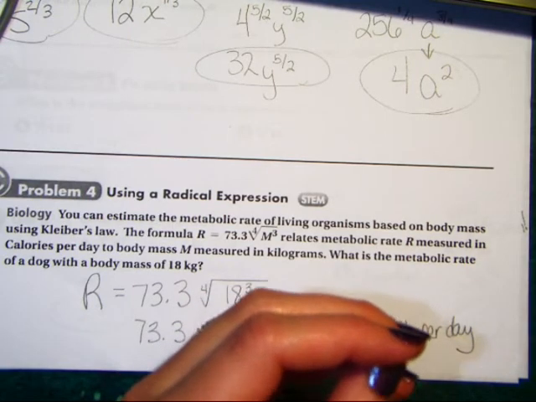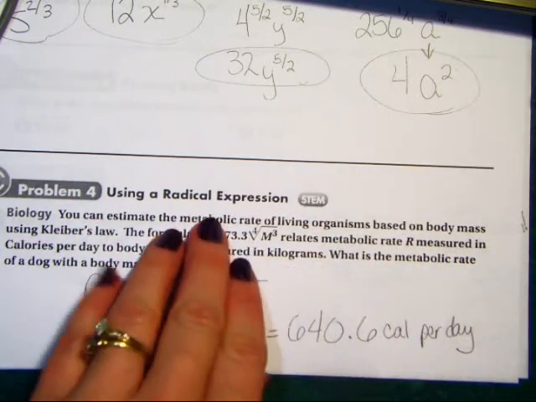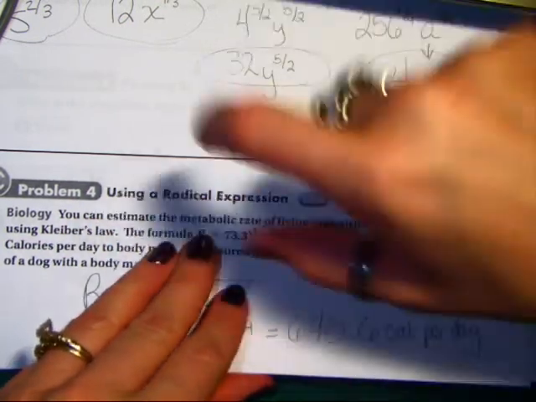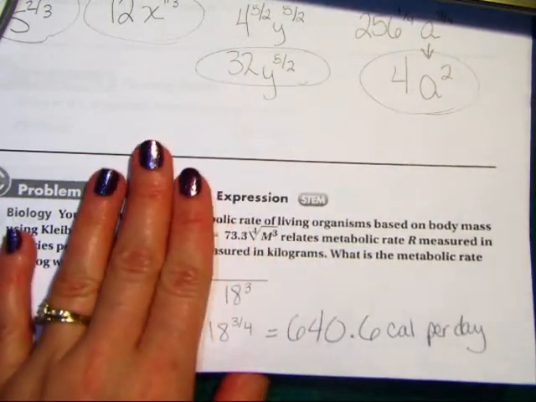Write down your weight, convert it to kilograms, and then tell me what your metabolic rate is. Put this on a separate sheet of paper, otherwise I'm not going to take it. Write bonus on the top, say this is how much I weigh, or this is how much Susie Q weighs. Change it to kilograms. Give me that metabolic rate. That'll be kind of fun for you to do a little bit on the side here.